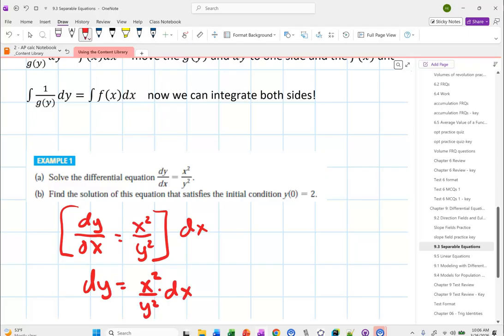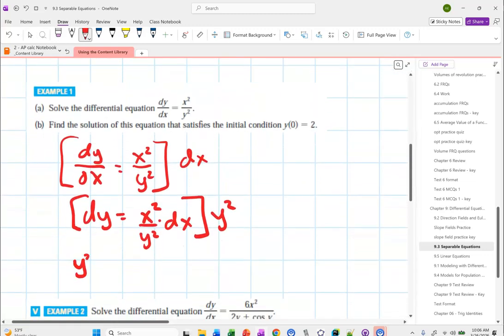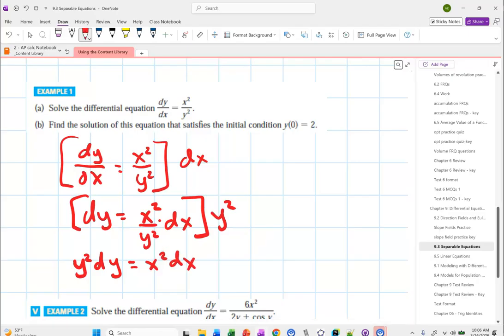Does everybody feel okay with what I did there? And then if I multiply both sides by y squared, I'd have y squared dy equals x squared dx. Yep, that's the same thing that we're doing. I'm just trying to go slow and not over-algebra you guys right away. But in some situations you won't want to cross multiply. This one would have been fine to do that. Once we've done that, then we can just integrate both sides.